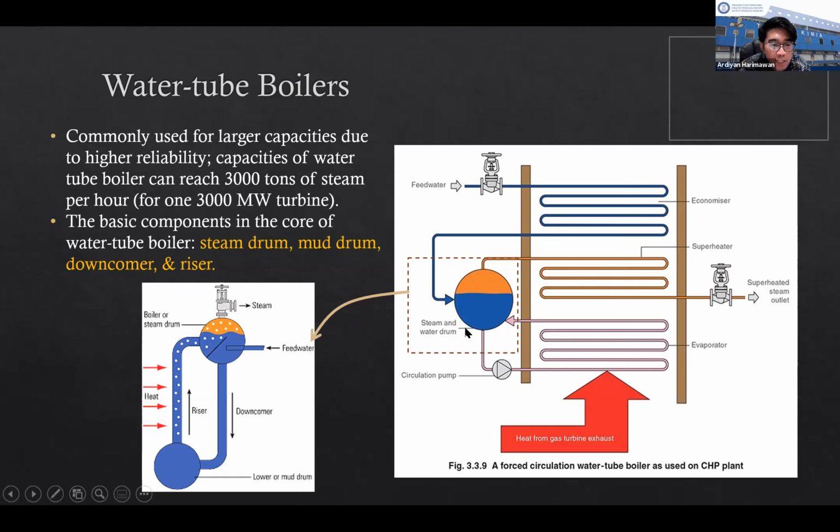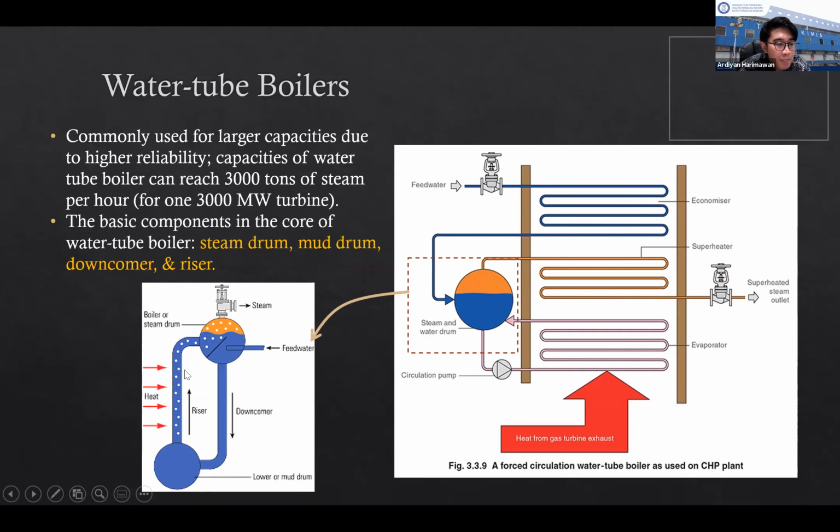You have a steam drum, and also a mud drum, and then you will have a downcomer and a riser. The downcomer is the part that flows down, and the riser is the part that goes up.